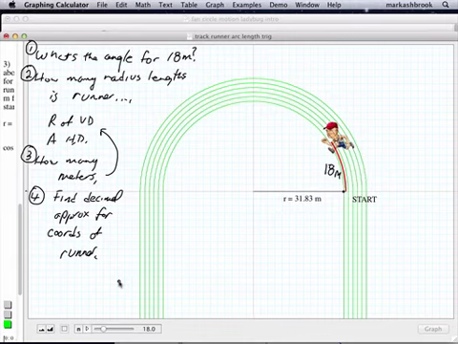And then if you're confident about 1 through 3, then find a decimal approximation for the coordinates of the runner. Yeah, you need a calculator for number 4.